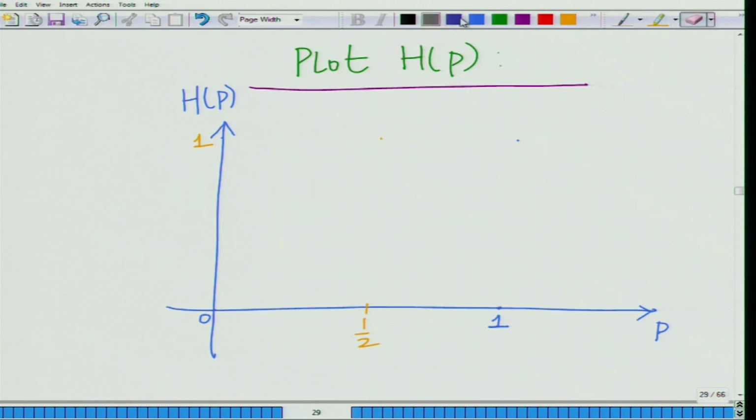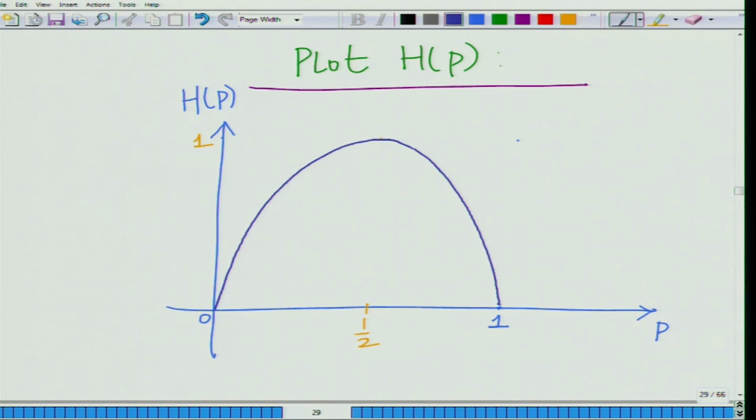So it's something like this. It's not pointed, in fact its derivative at half is 0, which is what I'm trying to show approximately. So this is how it looks.